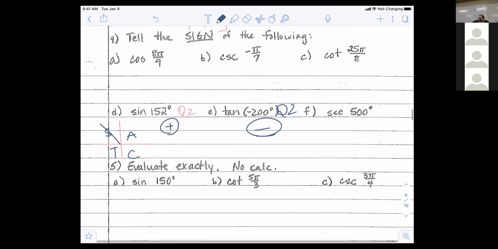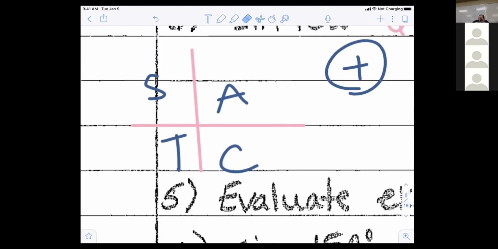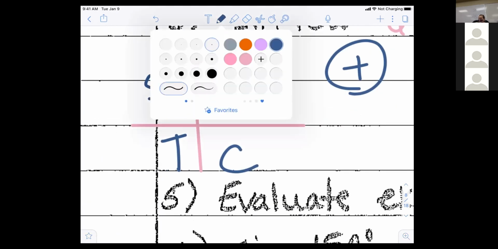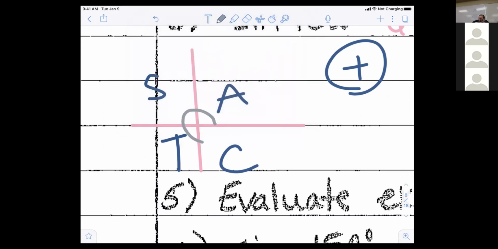And the last one says secant of 500. Whew, that's going to be a lot. 500 means that I go at least around to 360, and then I'm going to have to go more. How much more from 360 am I going to have to go? 140. And which quadrant is that going to be in? Quadrant 2. So I'm in quadrant 2.